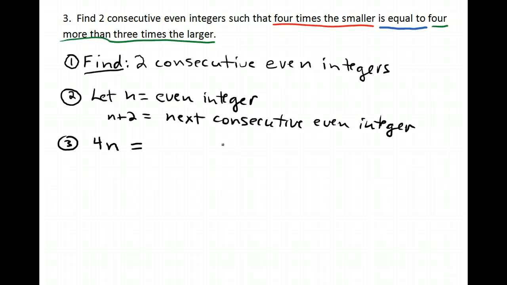Now 3 times n plus 2, because n plus 2 is a quantity, you must put it in parentheses. Alright, now I just need to solve that.